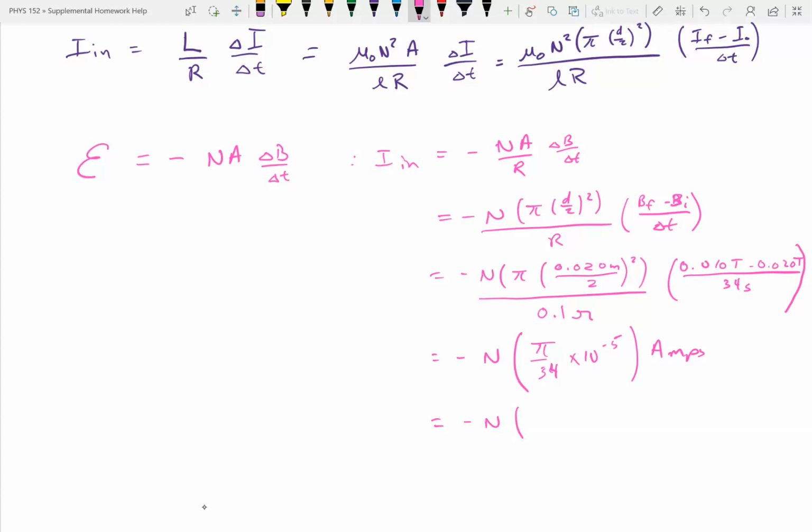It's what? 9.23 times 10 to the minus 7. I wrote out the word amp so we wouldn't get it confused with area since I have N in there. Yeah.